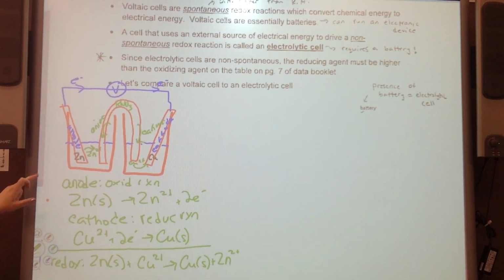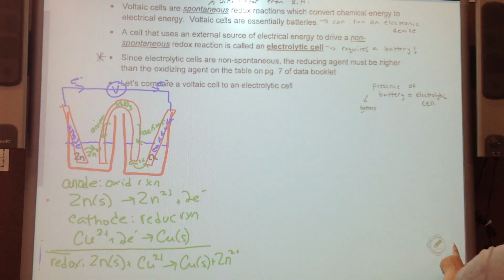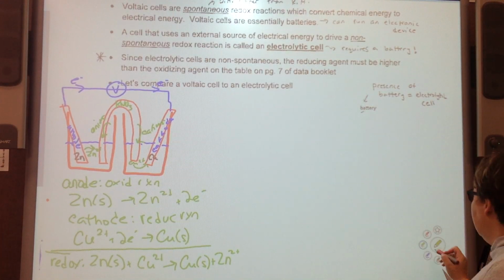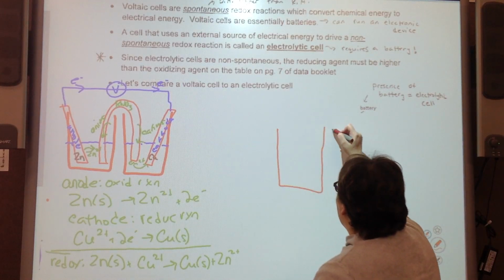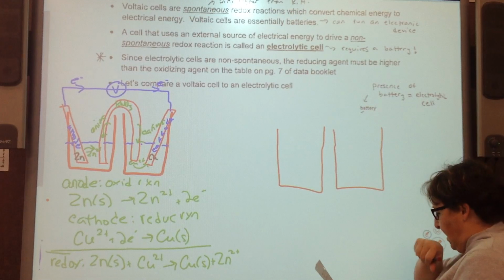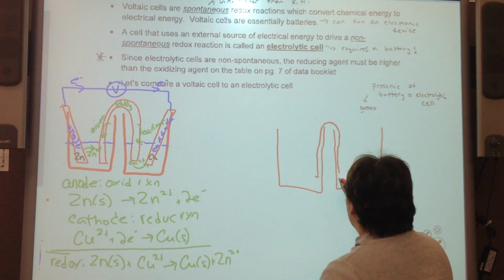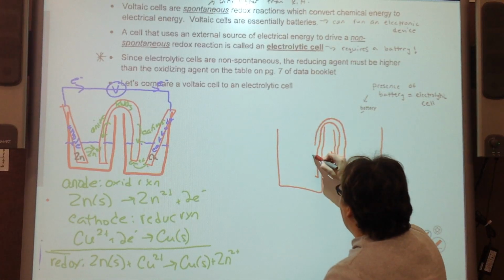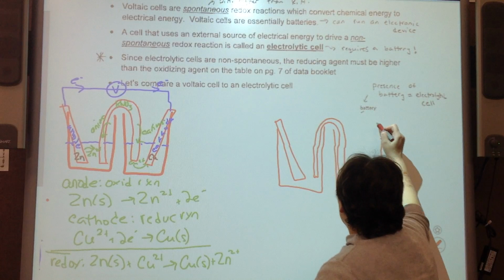If we want to look at an electrolytic cell, we're going to look at the same format. Okay, we still have two beakers. We still have a salt bridge. We still have a cathode and an anode.